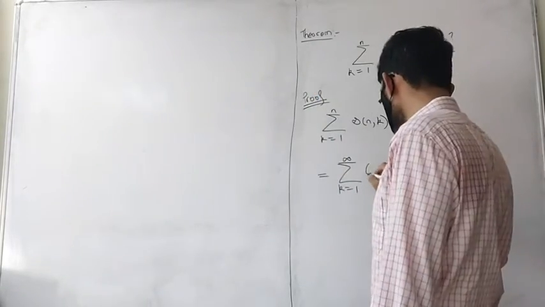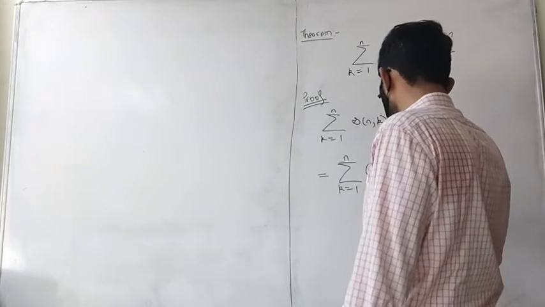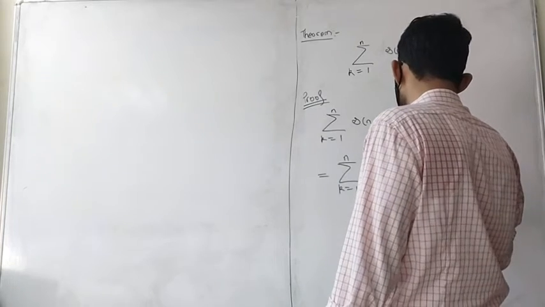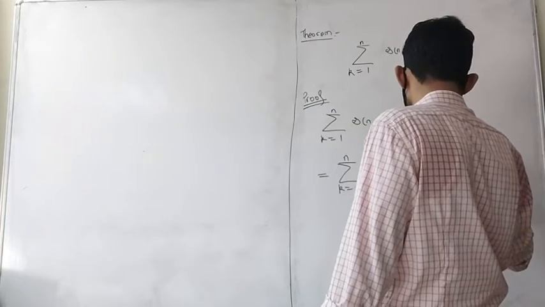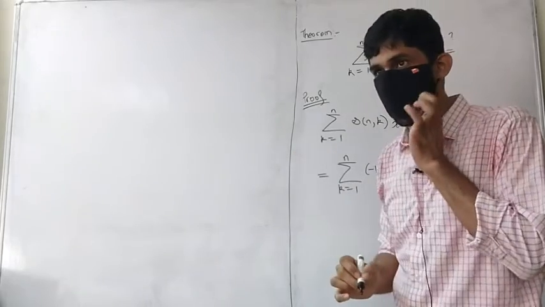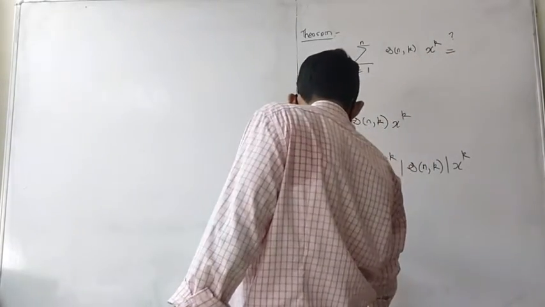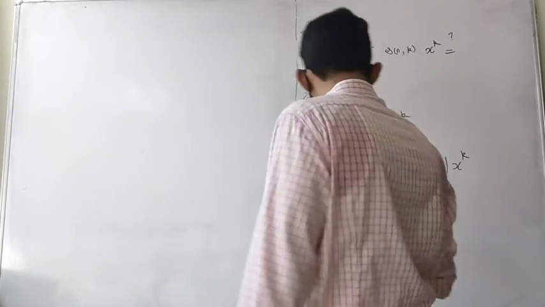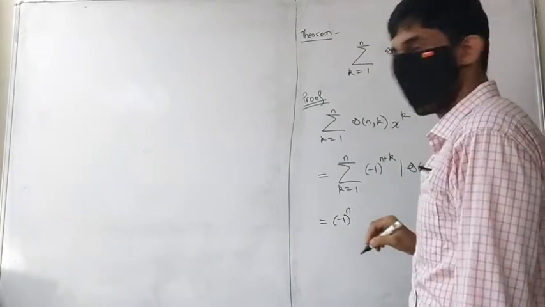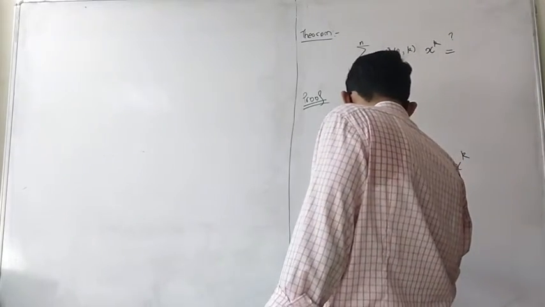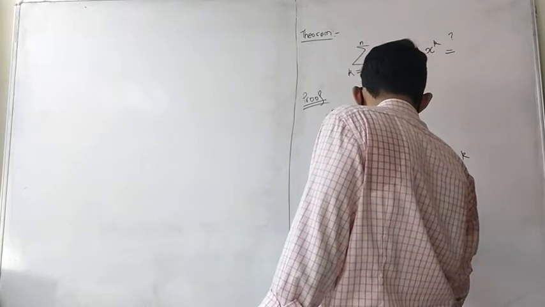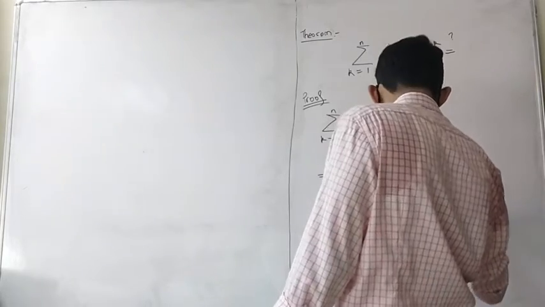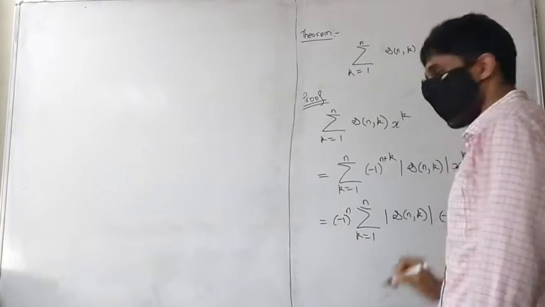This is minus 1 raised to n plus k, mod s n comma k, x raised to k. Okay, and I can take the minus 1 raised to n out. And I'm going to put minus 1 with the x, so that will give me summation k going from 1 to n, mod s n comma k, minus x raised to k.